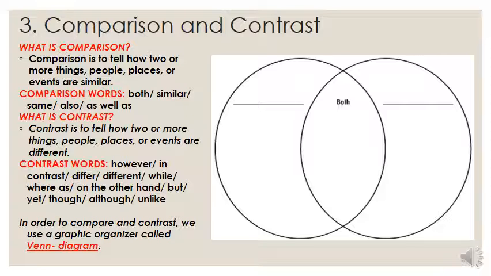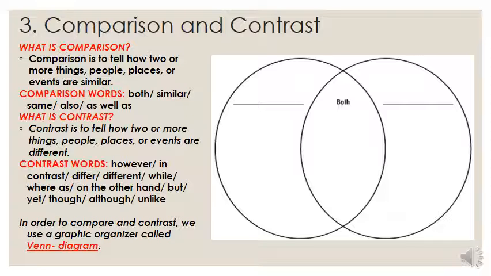Now, when you contrast, to contrast is to state the differences between two things, people, places, or events. So to contrast is to tell how they are different. Okay, so there is a difference between comparison and contrast.